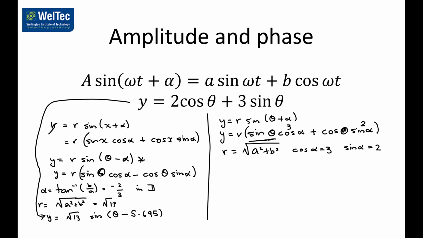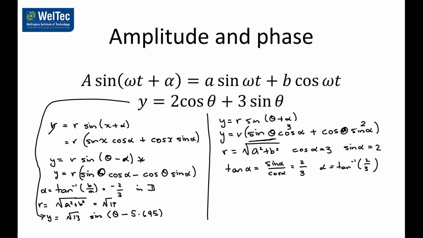Now if we wanted to find tan alpha, it would be sine alpha over cos alpha, which would be 2 over 3. So alpha is tan inverse of 2 over 3.